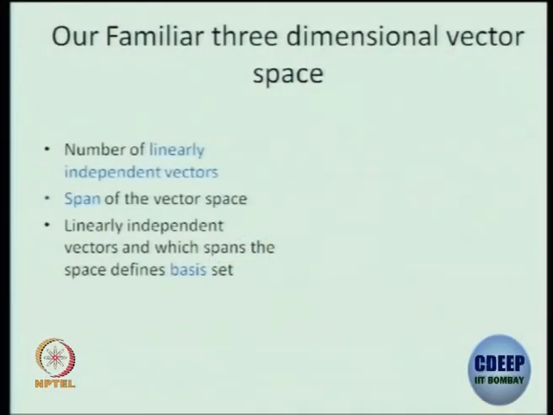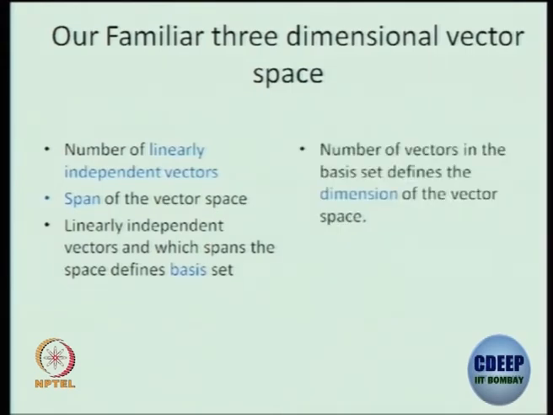So, you need to take count of both spanning the space as well as the number of linearly independent vectors. The linearly independent vectors which span the space define the basis set. The number of vectors in the basis set defines the dimension of the vector space.